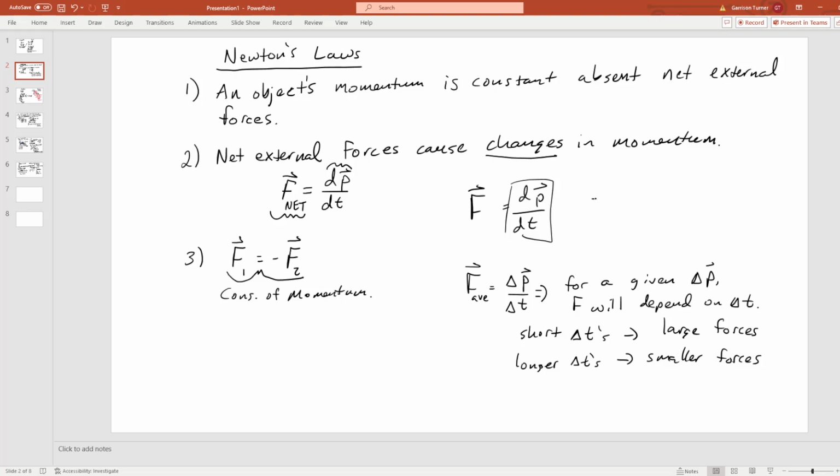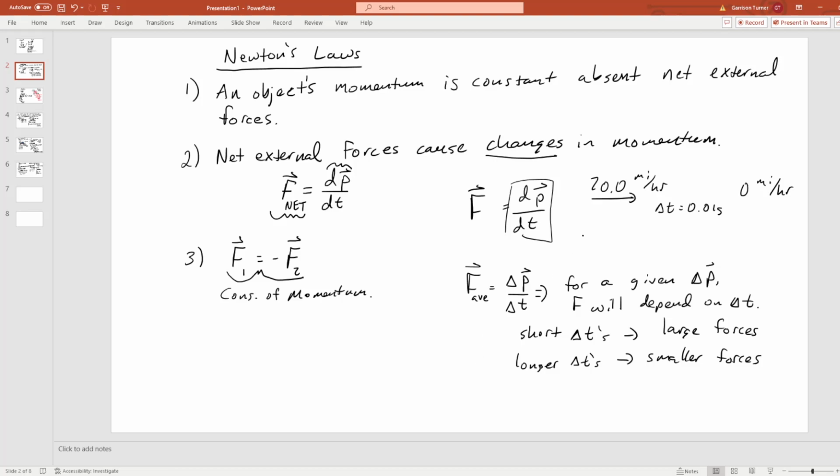I could be going 70 miles per hour, and then in, maybe a hundredth of a second later, my speed is 0 miles per hour. That's a very abrupt change, okay?